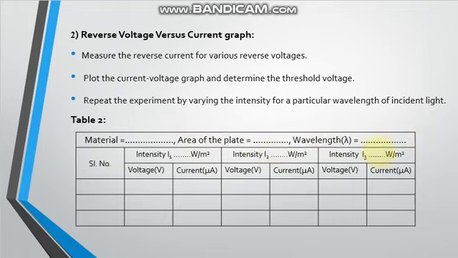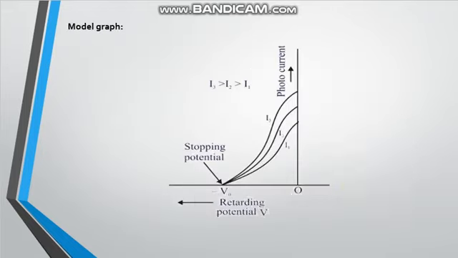For various intensities of incident electromagnetic radiation, we are going to find the voltage versus current readings: how the current changes with respect to the voltage for various intensities. Then you have to draw the graph with retarding potential, because the applied potential is a reverse potential, that's why it is called a retarding potential, and photocurrent on the y-axis for various intensities of incident radiation.